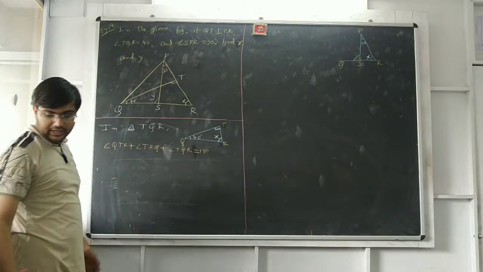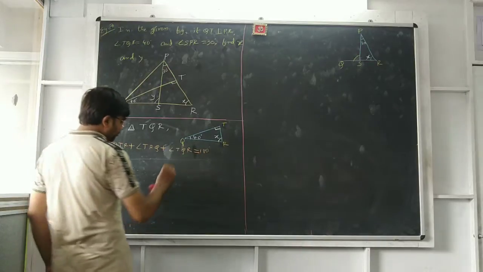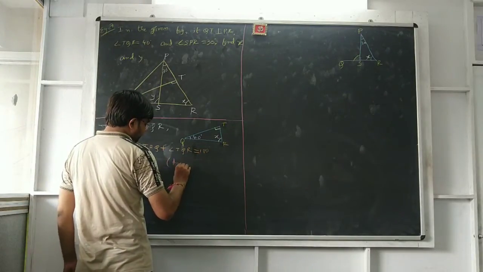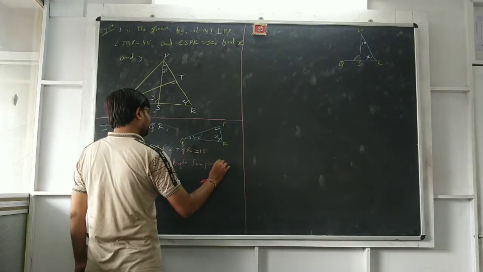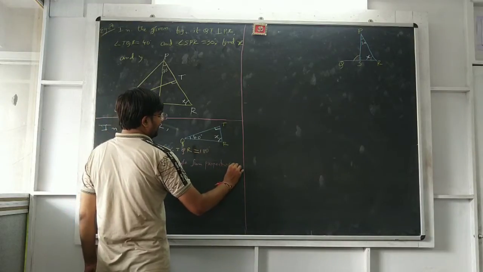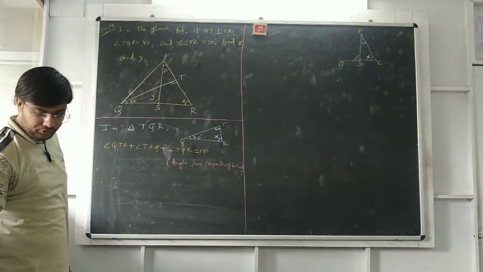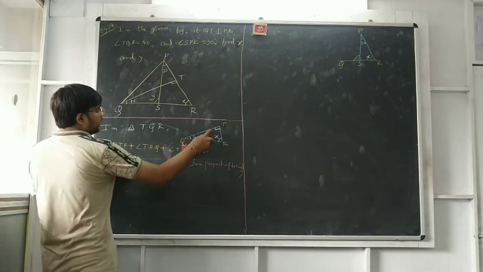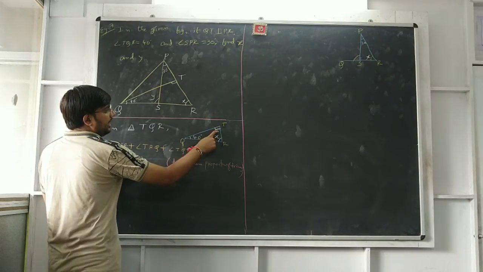Why? We know the angle sum property of a triangle. So we have to put here QTR. QTR is 90, a right angle.